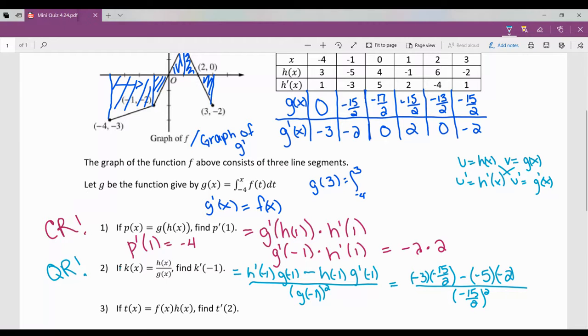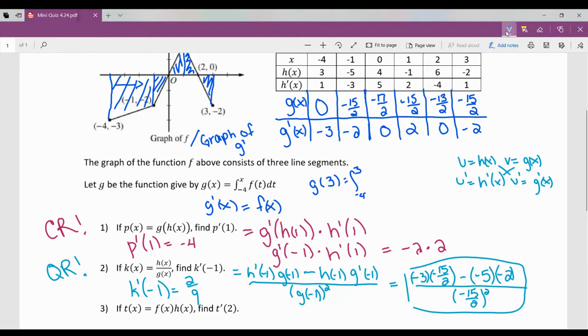If we do it, just so that you know for your own sake, K prime of negative 1, if I had time to kill and I wanted to find this, it's 2 over 9. But what I would do personally, I would box that in as my final answer, because I don't want to spend my time multiplying that out. Okay, I did all the hard part up here.